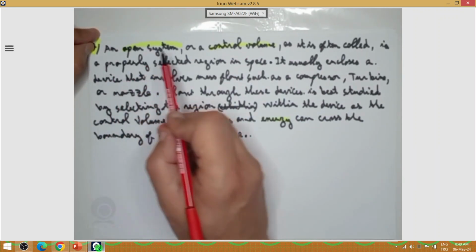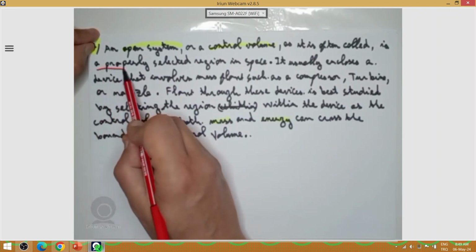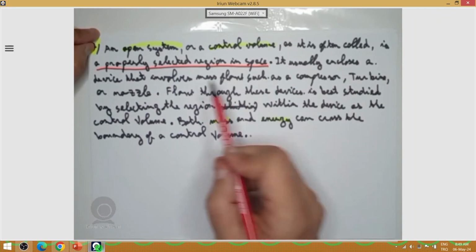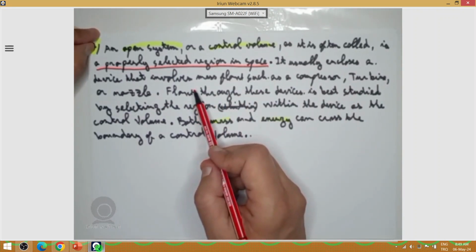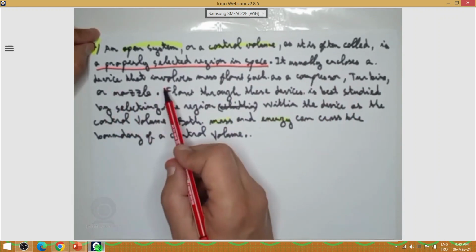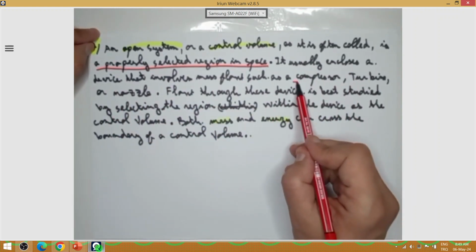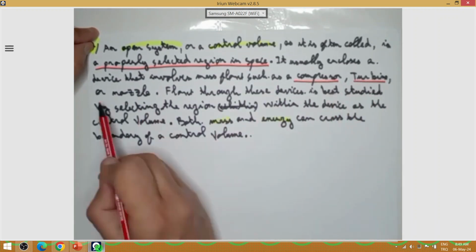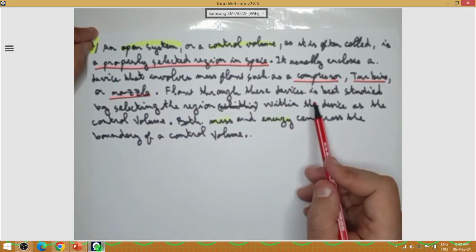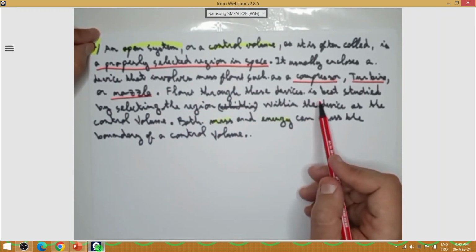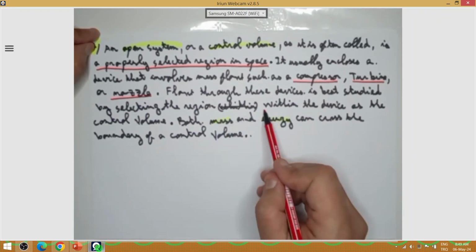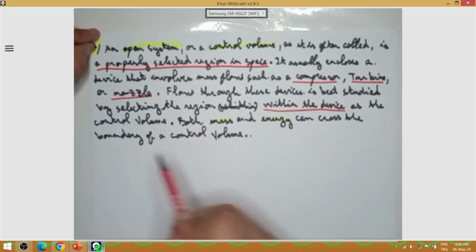It usually contains a device that involves mass flow such as a compressor, turbine, or nozzle. Flow through these devices is best studied by selecting the region within the device as the control volume.